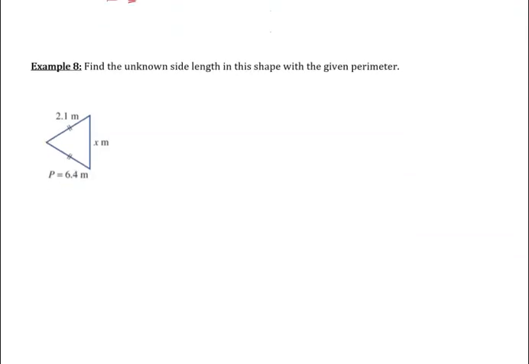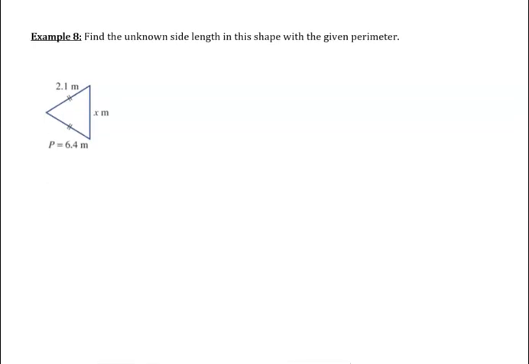And find the unknown side length. So the perimeter of this one is given to us. So the perimeter equals 2.1 times 2 plus x. Well, good news. We have a perimeter. And what's 2.1 times 2?